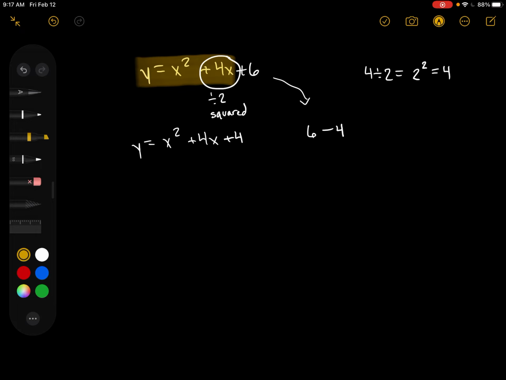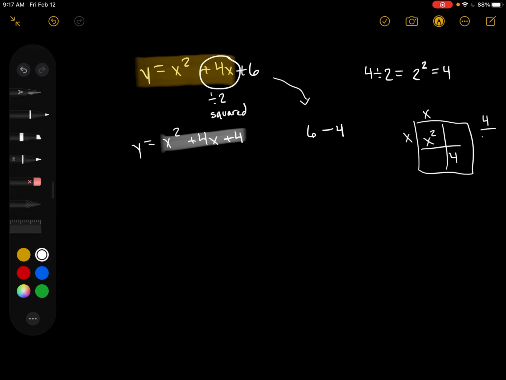Next, we can focus on our box. We're going to have our square again, 2 and 2. So that becomes x plus 2 squared.